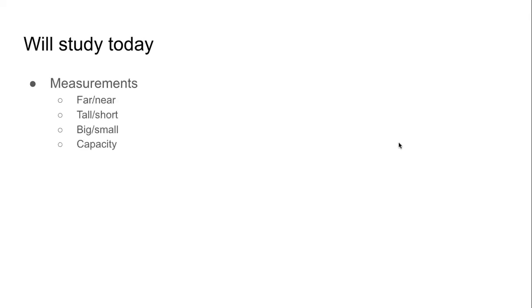We will measure and we will measure accurately. What are we going to measure? We will measure these aspects: how far or how near, how tall or how short, how big, how small, the capacity, how much power is there in the lens.